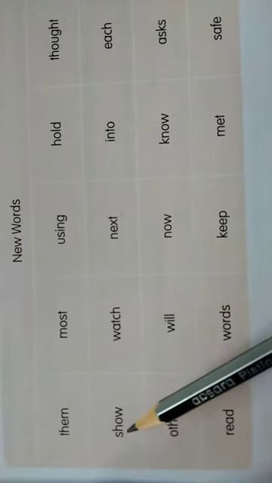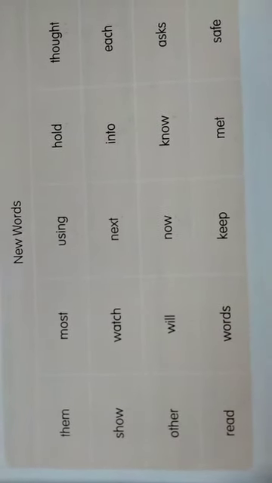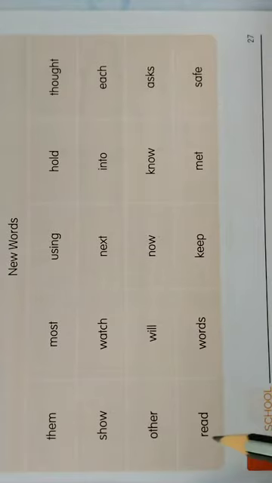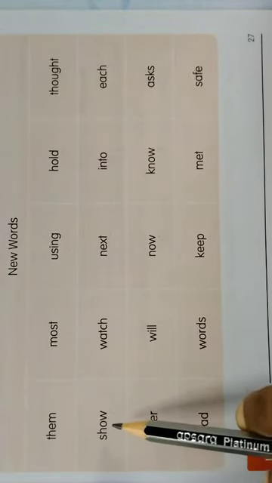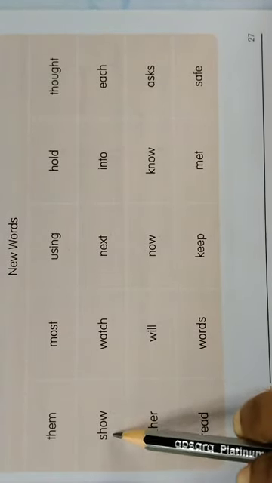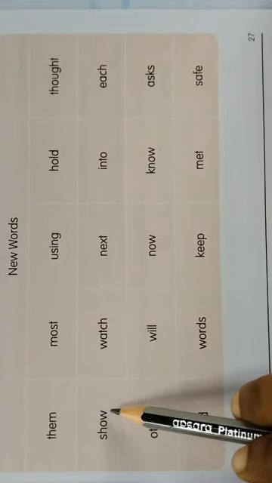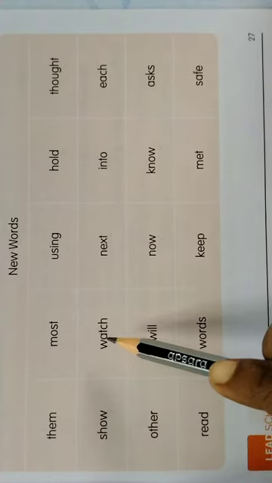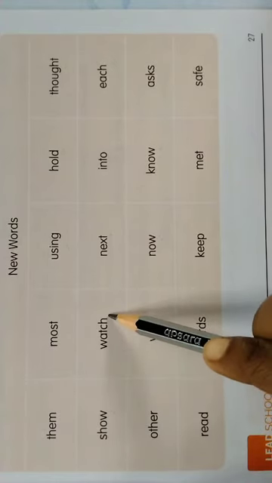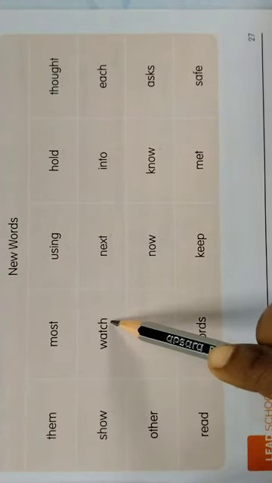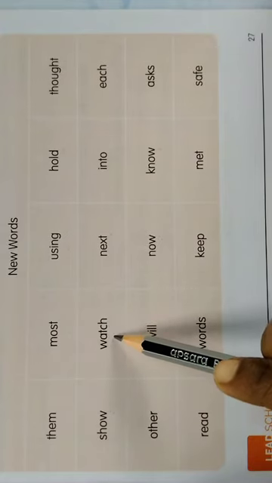Show, show. Just point out with your finger and then read aloud. Show, show. Look at the next word. Watch, watch.